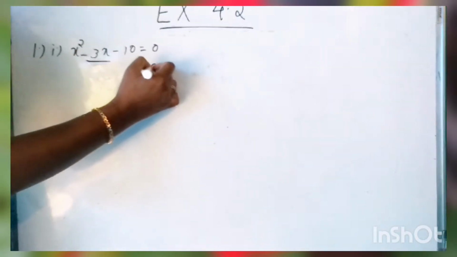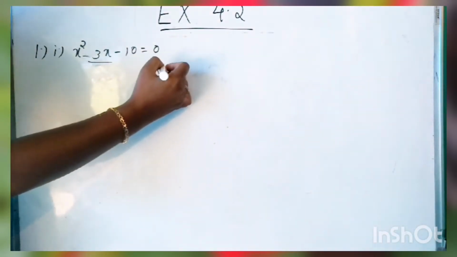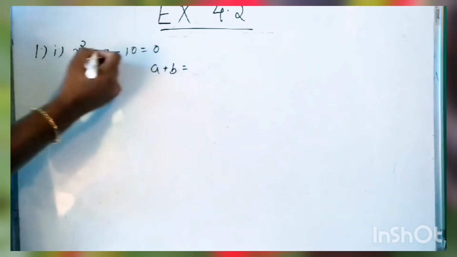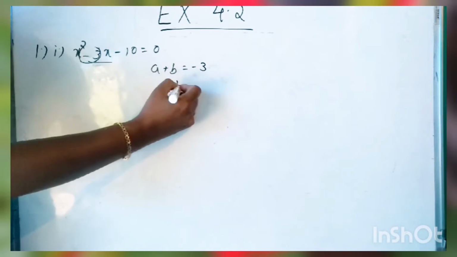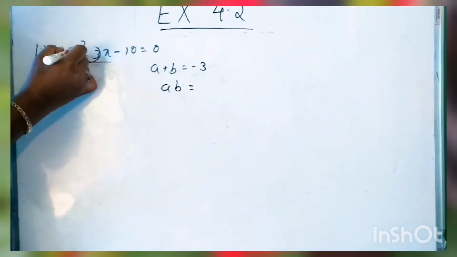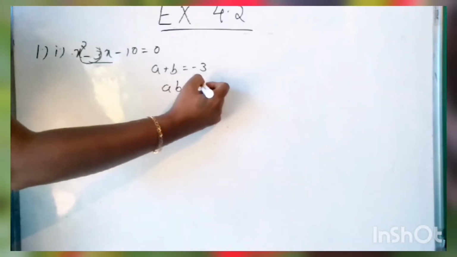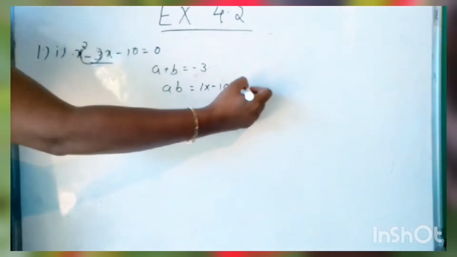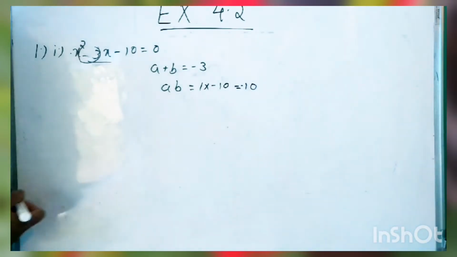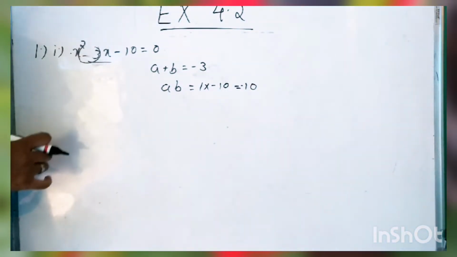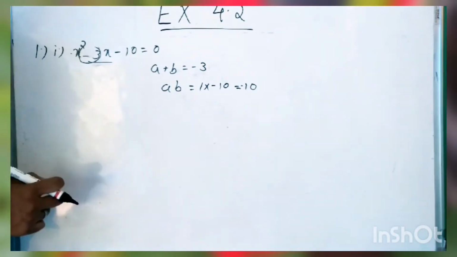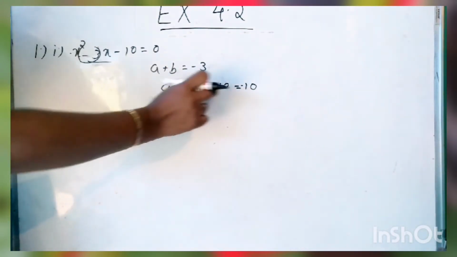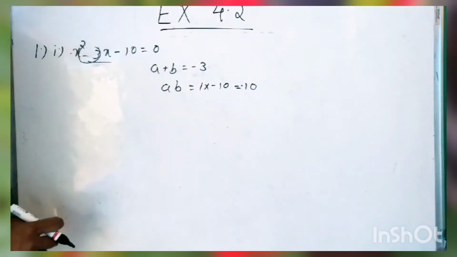We need to find two numbers a and b such that a plus b is equal to the coefficient of x, minus 3, and ab is equal to the coefficient of x square into the constant term, that is 1 into minus 10, which is minus 10. So we need to split this minus 3 such that the sum of the two numbers gives us minus 3 and the product of the two numbers is minus 10.